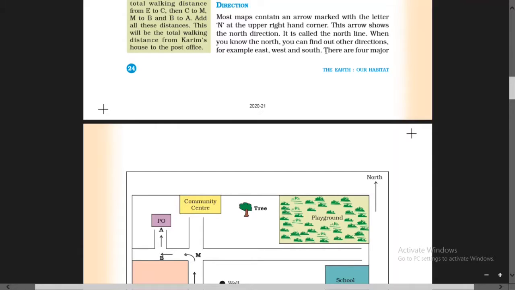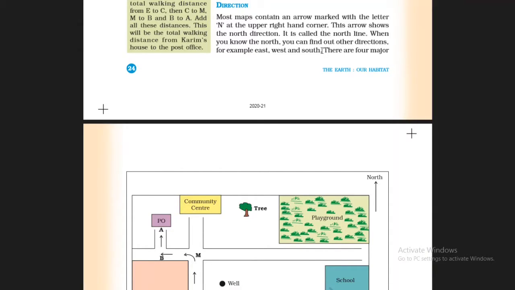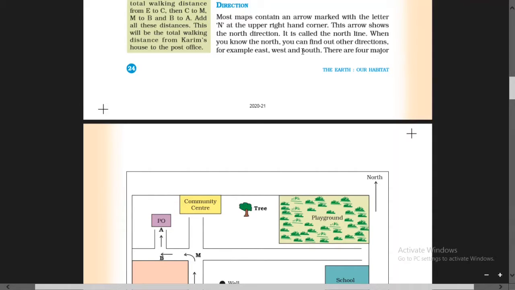If you know the north direction, it becomes easy for you to know other directions, because the opposite of north is south.